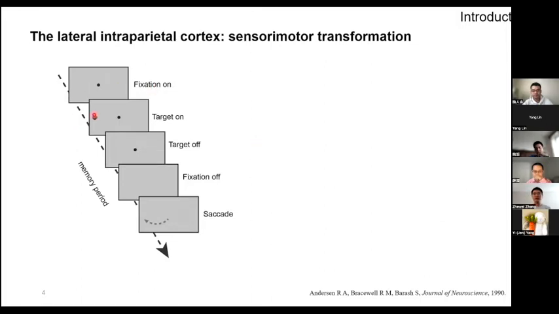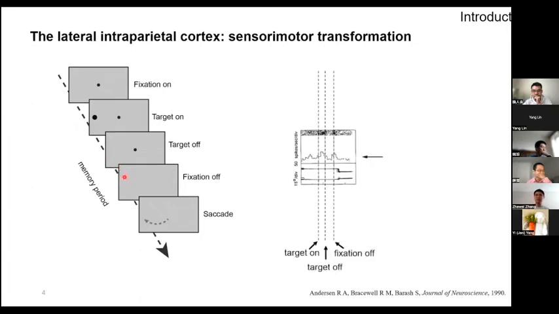In this task, monkeys were required to fixate on the central point, and then a target was displayed transiently in the periphery. After the central point disappeared, the monkey should saccade to the position where the target was.